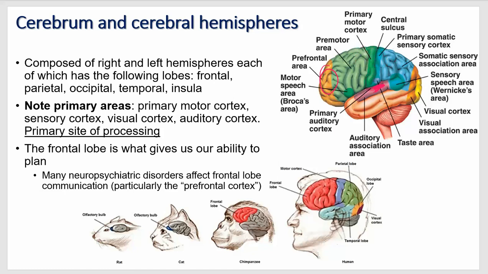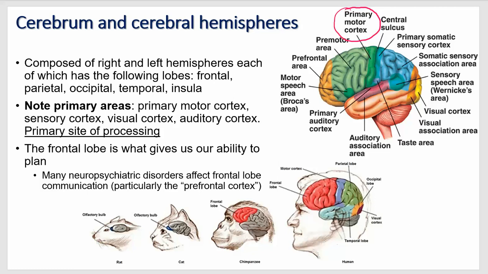Functionally, which is what we're really more interested in, we have these primary areas. The primary motor cortex is for muscle control and processing. This is where it's processed and decided, here we go, we're going to move this arm, this leg, whatever.